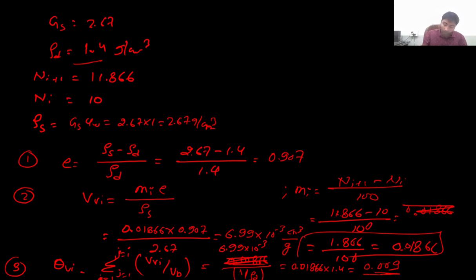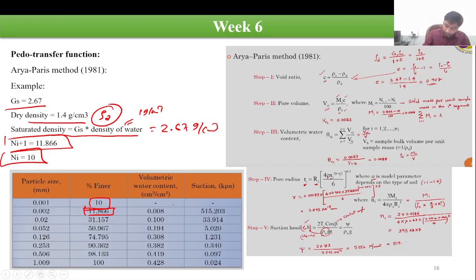Then we need to determine the Ri value, the radius value, and the soil suction value. So let's take a new page, and here we'll first determine how many particles there are. The number of particles is going to be 3 Mi upon 4 pi rho s Ri cubed.